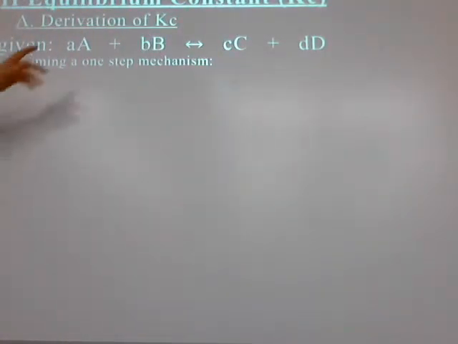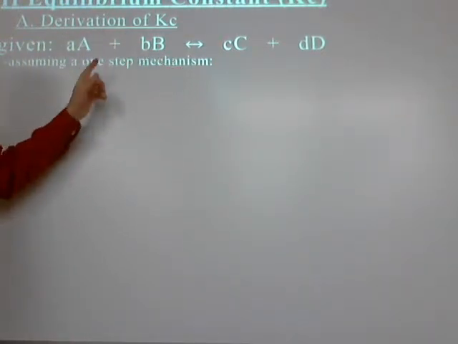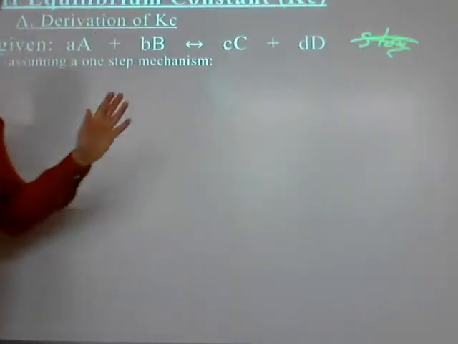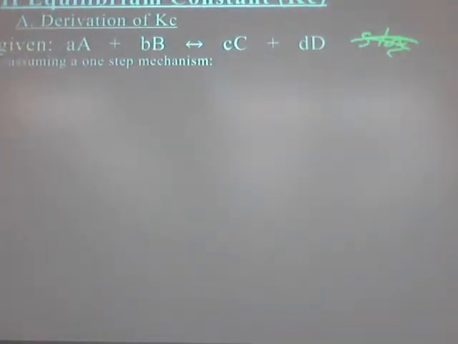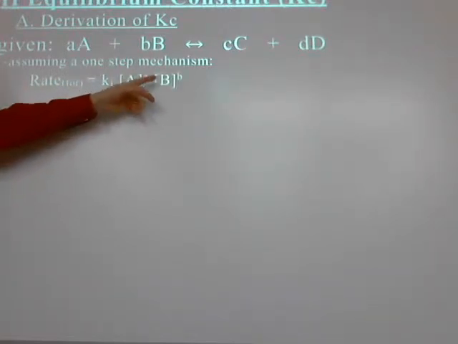So, can you apply the same thing to this equation? If it's a one-step mechanism and this is the slow step, what does the rate law expression look like? Wouldn't you agree it would be k, A to the a, B to the b?